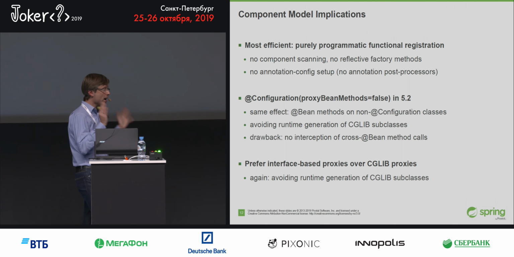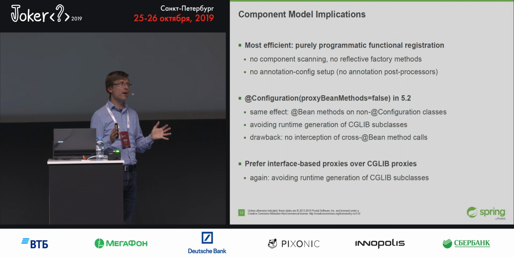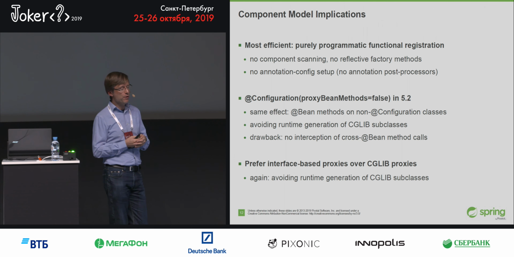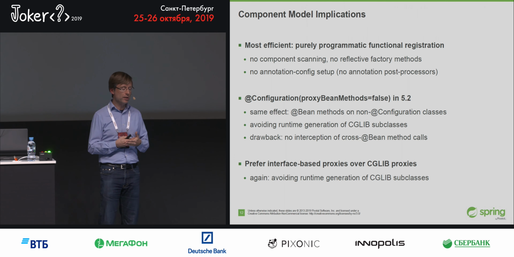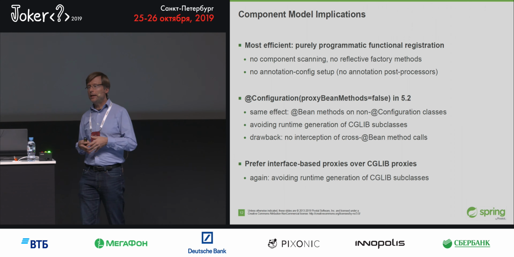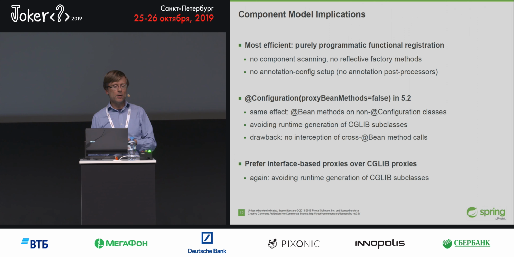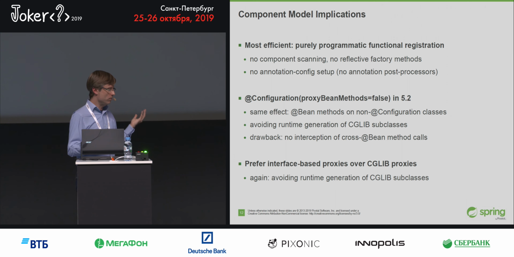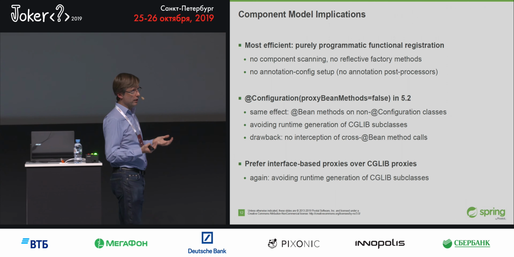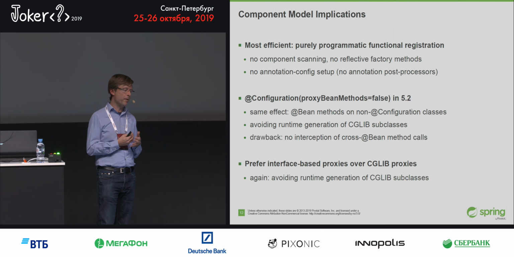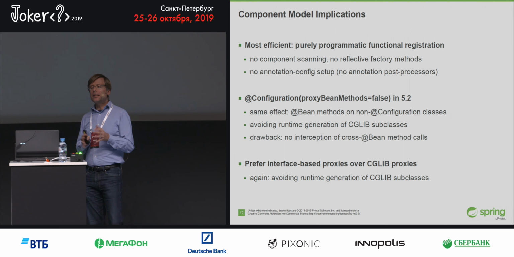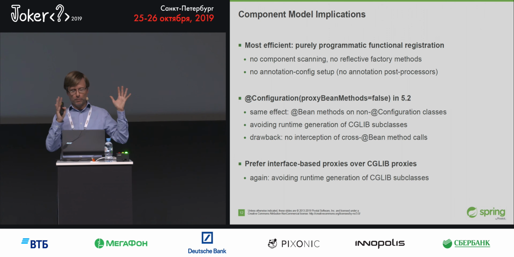This is by far the most efficient variant of setting up a Spring application context if you care about CPU cycles spent on startup. In the purely programmatic phase, the register bean stuff we've seen before, there would literally be no component scanning, no reflection, no annotation retrieval if you don't want it to be there. But that's a very extreme kind of perspective.